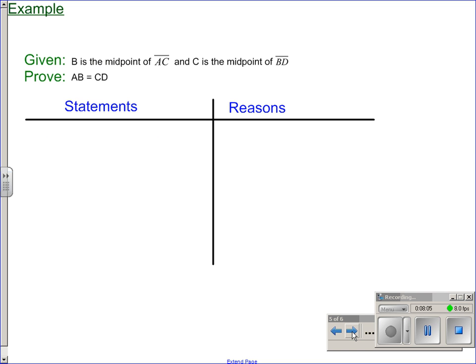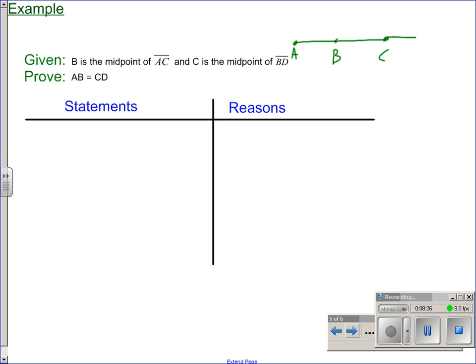Okay, so let's go through doing a whole two-column proof. Always start with the given information. It's the only thing you can start with. So it says B is the midpoint of segment AC. There's segment AC. B is the midpoint. It also says C is the midpoint of BD.